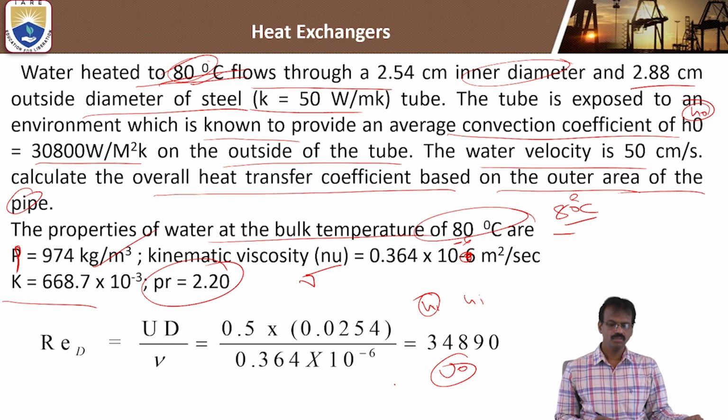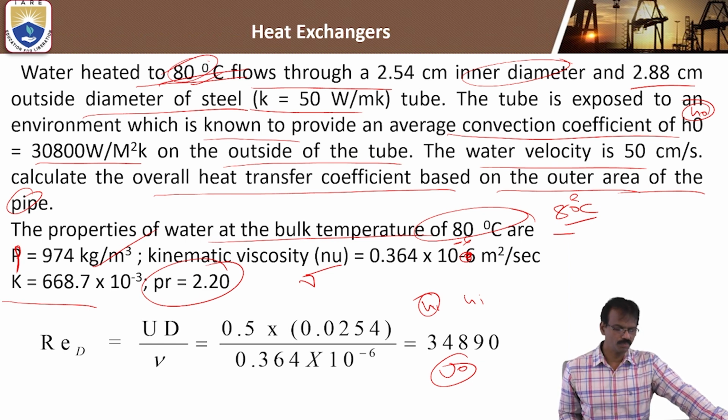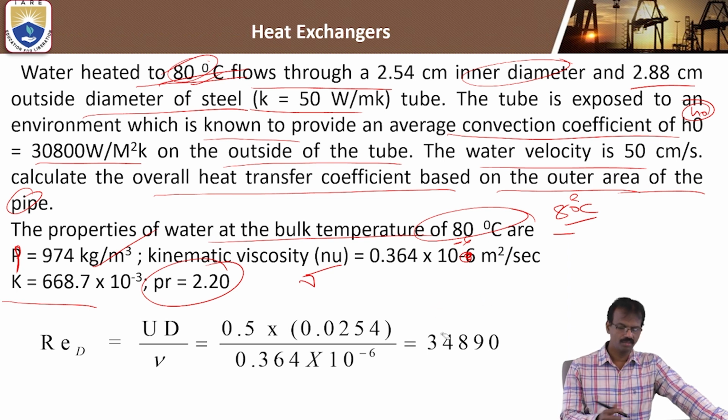Okay. Here velocity has been given, which means this is a forced convection process. For the forced convection process, you have to find out the Reynolds number first. Here it is flowing through a pipe, so instead of length, you can take the diameter. So Re is equal to ud by nu.